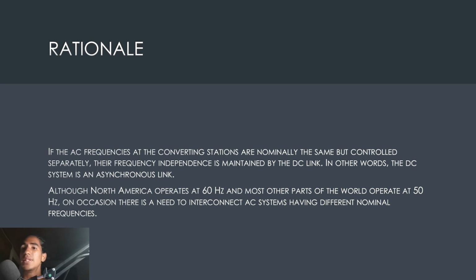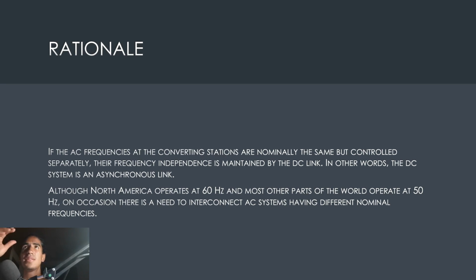So of course in DC you don't have to worry about frequency. For example, in North America they operate at 60 hertz, and in some parts of the world they use 50 hertz. On occasions, there's a need to interconnect systems which have two different nominal frequencies.